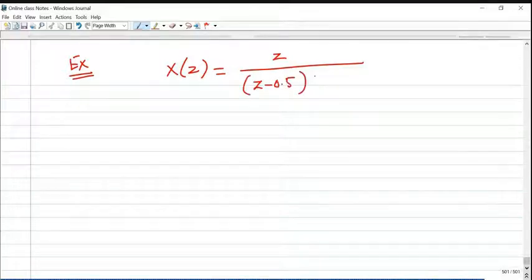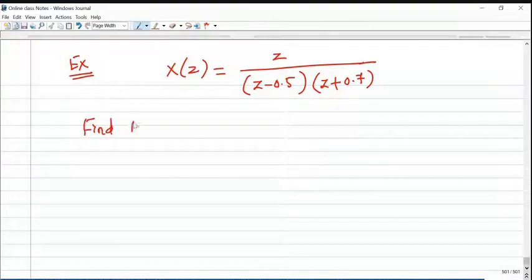X(z) is given as z divided by (z minus 0.5)(z plus 0.7). Find the DTFT of the following signal. Looking at this question in your semester question paper, don't be afraid. X(z) is given, but we must find the DTFT.